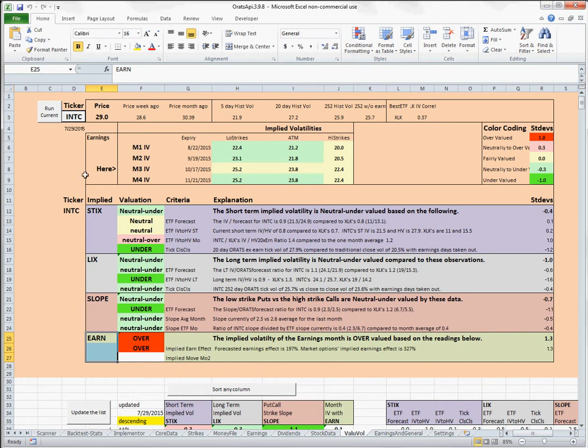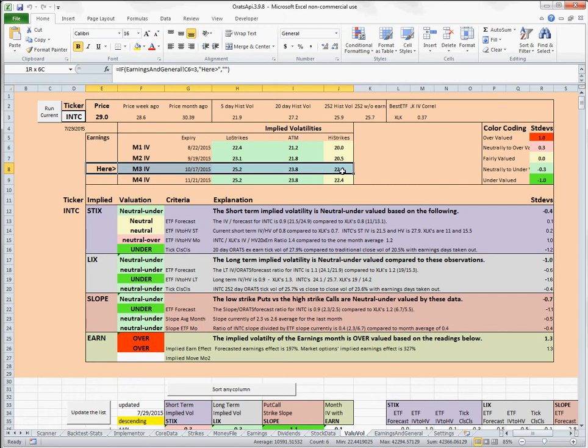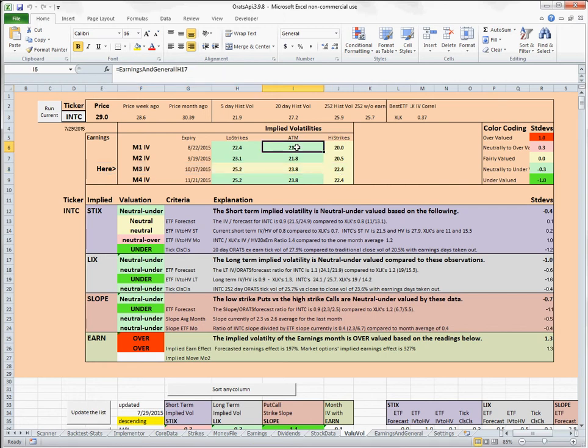So for example, the earnings month is here, it's the third month, and you could see how the volatilities go from 21.8 up to 23.8. So that step up, we attribute that to an earnings effect, and that's a pretty big earnings effect there. It's 327%. What that means is we would expect the stock to move at 327% of its normal move on the day of earnings in order to make up for that large increase in implied volatility on the earnings month.